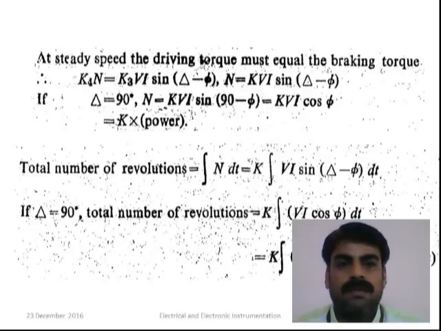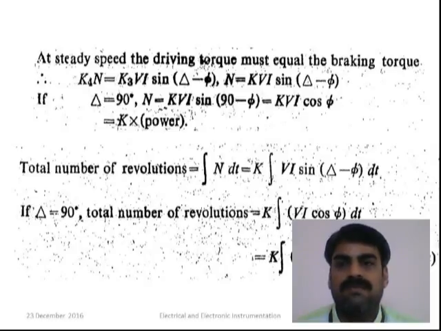Before I complete this topic, let me summarize the concepts we have covered in this energy meter. We started with energy is power into time, and we have seen the construction of the single phase induction type energy meter. There are two magnets, the series magnet and the shunt magnet.